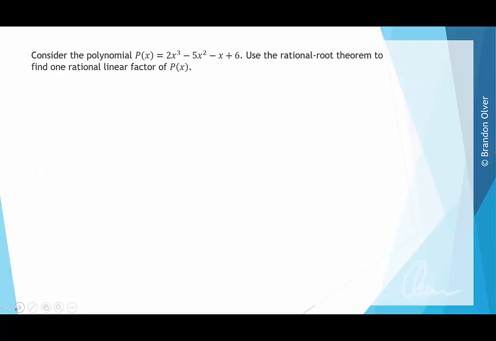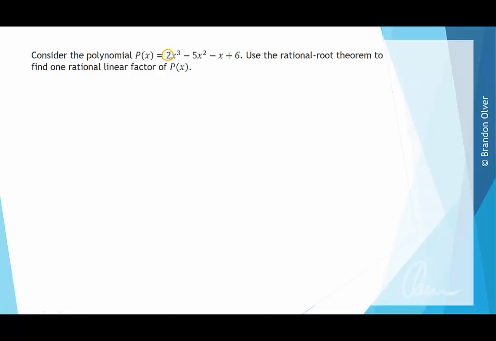So we want to consider the polynomial p of x equals 2x to the power of 3 minus 5x squared minus x plus 6, and we want to use the rational root theorem to find one rational linear factor of p of x. So the leading term is this x to the power of 3 because it has the highest power, so the 2 is important when we use the rational root theorem.